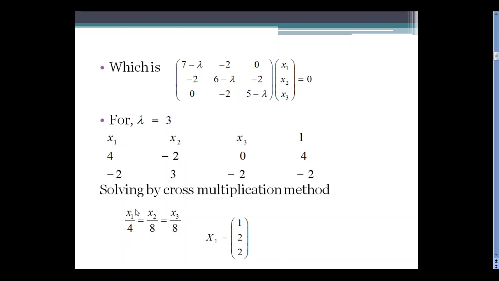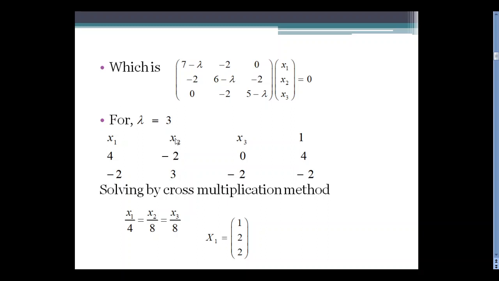So write down x1, x2, x3. To find x1, we cross multiply the x2 and x3 columns: minus 2 into minus 2 gives 4, minus of 3 into 0, that is 0, so 4 minus 0 gives 4.